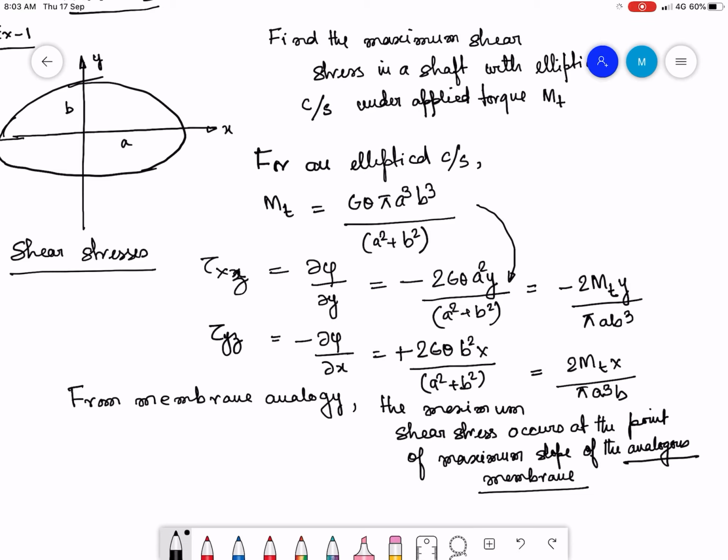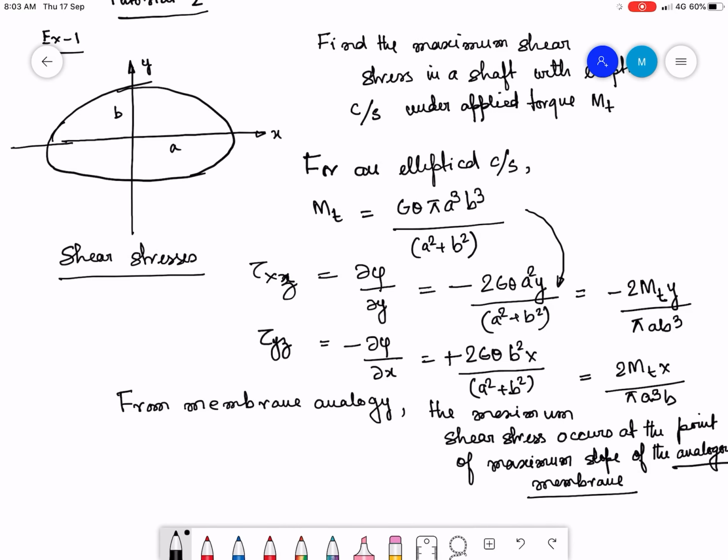Now you can visualize the deformed shape of the analogous membrane for this elliptical cross section, and we can understand that the maximum slope is going to happen at this boundary, which I name as B, as well as this boundary. So at the end of the minor axis, we are going to have the maximum shear stress.